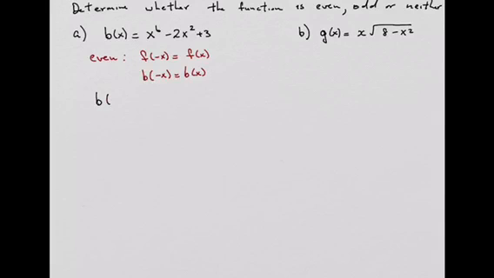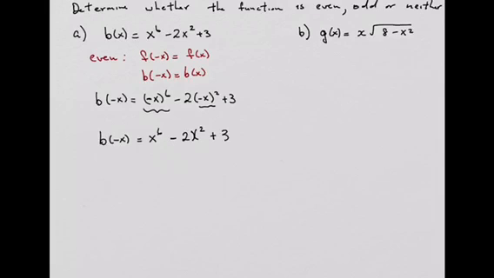Well, b of minus x is minus x to the 6th power minus 2 times minus x to the 2nd power plus 3. Minus x to the 6th power is the same as x to the 6th power, because anything negative raised to the 6th power gives the same result as the positive. Likewise, minus x squared becomes x to the 2nd power.